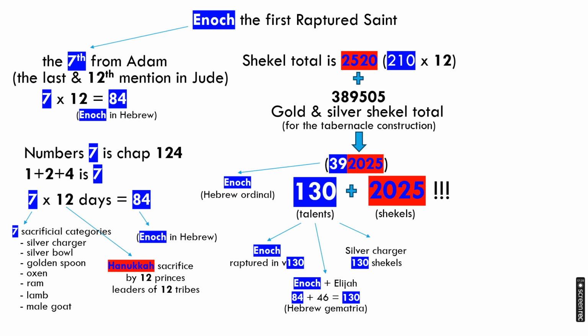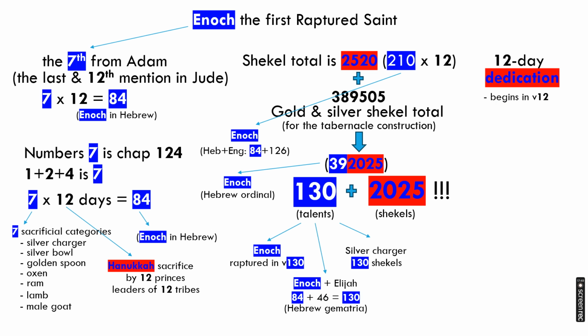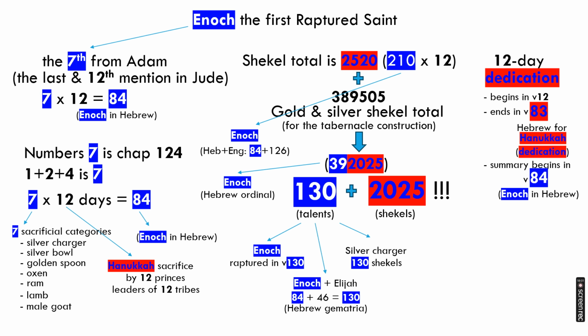39 is the Hebrew ordinal value of Enoch. 210 shekels, the combined weight of charger, bowl, and spoon, is the combined English gematrias of Enoch in Hebrew and English. The 12-day dedication begins in verse 12 and ends in verse 83, which is the Hebrew gematria of Hanukkah. The dedication summary begins in verse 84, which is Enoch in Hebrew.